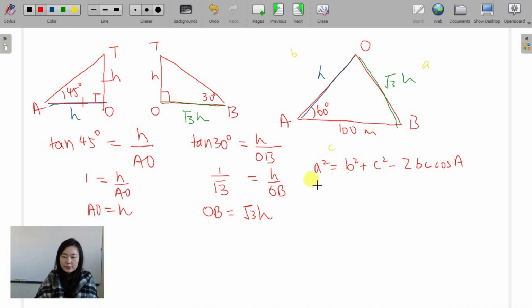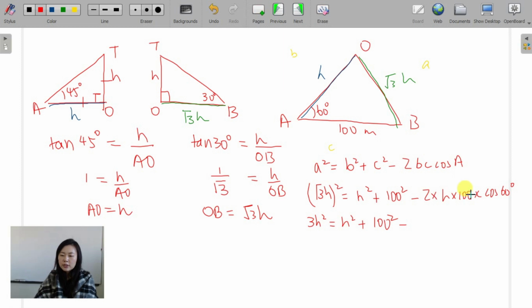A is root 3H, B is H, C is 100, and the angle is 60. So that's 3H squared equals H squared plus 100 squared minus 2 times 100 times H times cos 60. Cos 60 is a half, so it's 100H. Move everything to the left side.